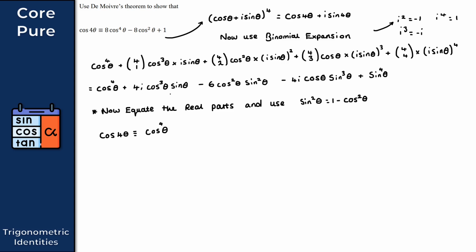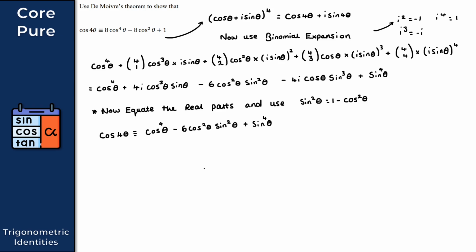We exclude this one, as we already mentioned. We then get -6 cos squared theta times sine squared theta. We exclude this term here, and then finally we get plus sine theta to the 4.